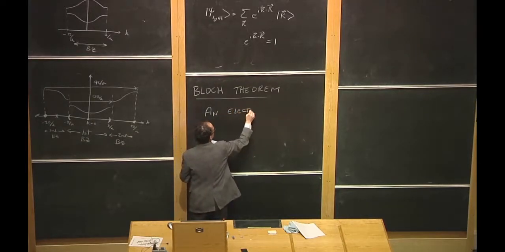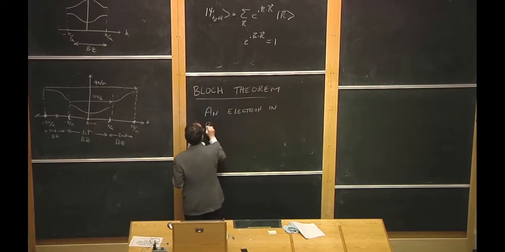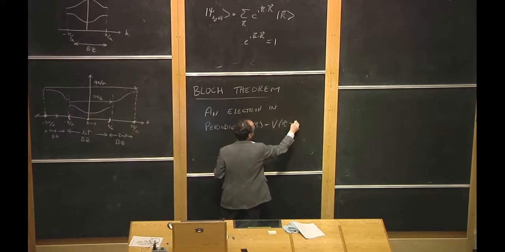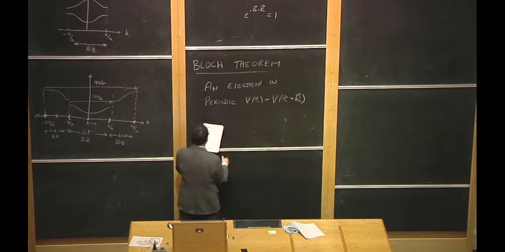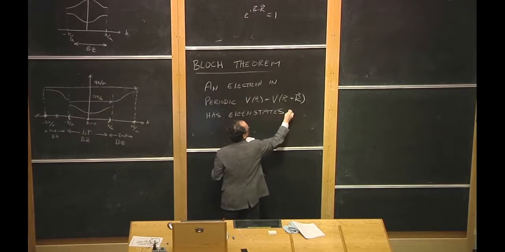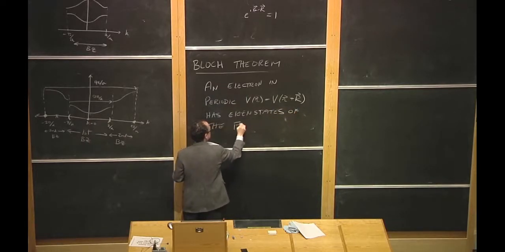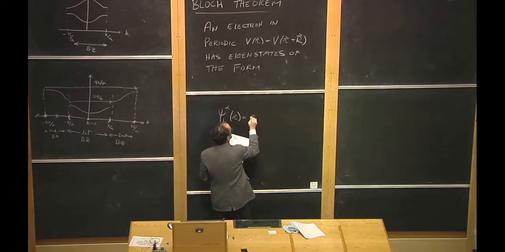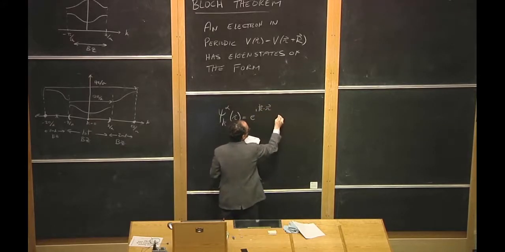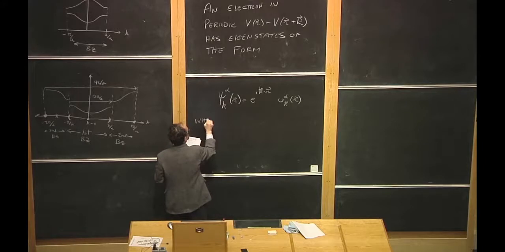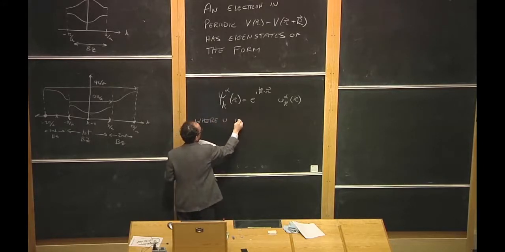So the statement is: an electron in a periodic potential V of r, where periodic means V of r equals V of r plus capital R, with capital R being a lattice vector, has eigenstates of the form psi sub k of r equals e to the i k dot r times u superscript alpha sub k of r, where u is periodic.